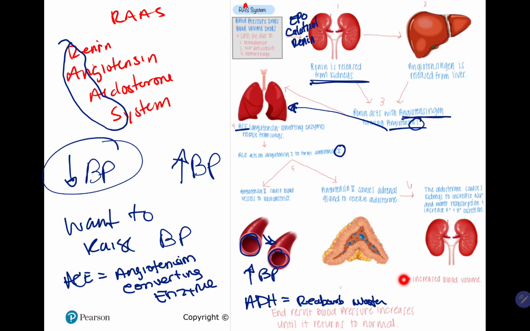Angiotensin 2 will also go to your adrenal cortex and tell it to release aldosterone. Aldosterone then goes to your kidneys to reabsorb sodium and water, thus increasing your blood volume, thus increasing your blood pressure. So this, in a nutshell, is the renin, angiotensin, aldosterone system, and we'll talk about that in much more detail too.